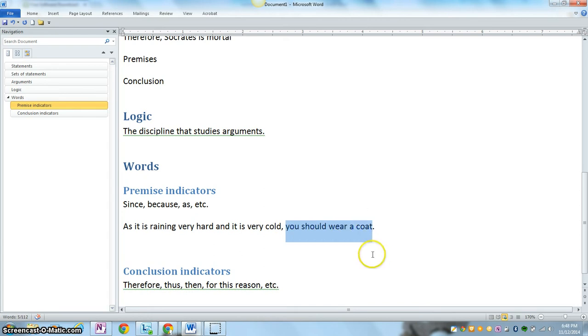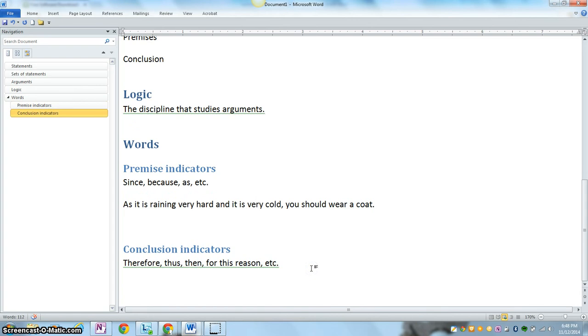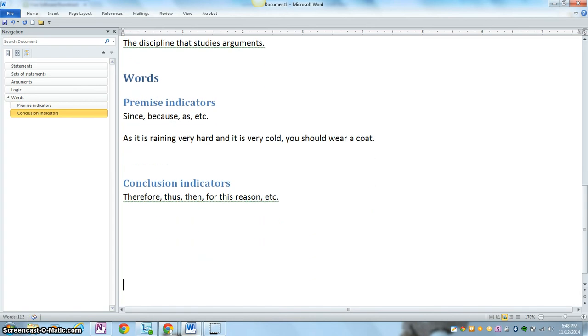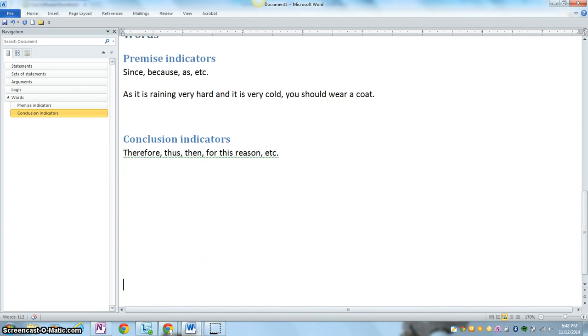Okay, sometimes you don't see anything. There are no conclusion indicators and no premise indicators. For example, here's an argument.